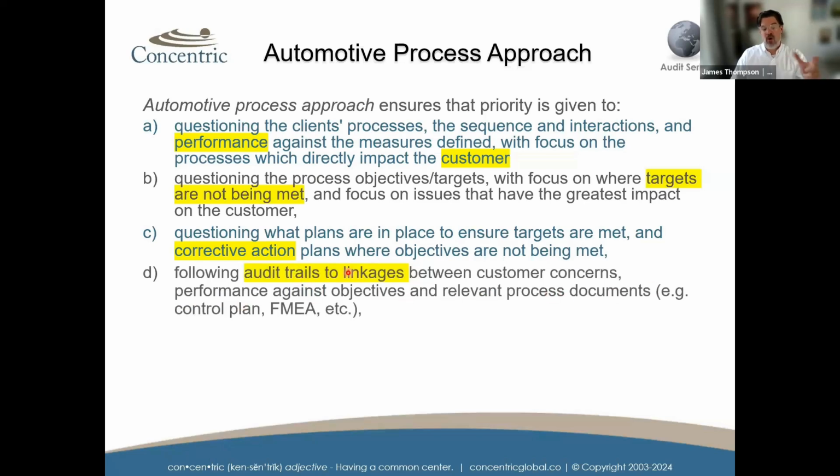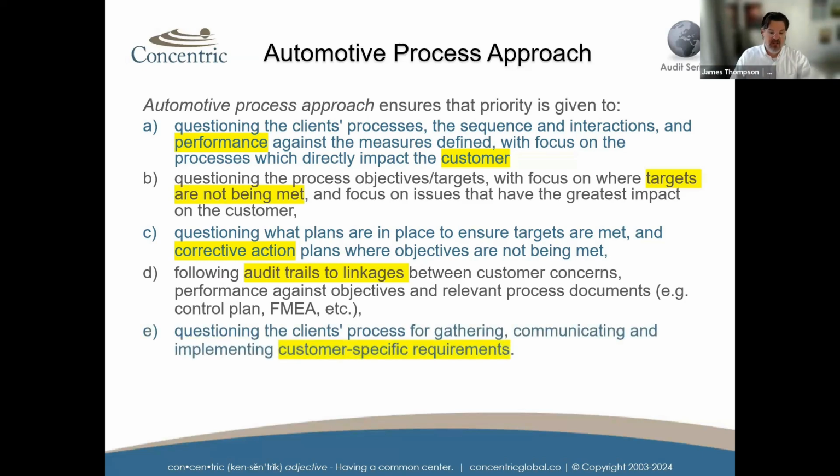If something is broken and your targets aren't being met, let's follow that audit trail and see, if somebody is skipping an inspection step, is there a linkage to the process documentation not being right, or a linkage to customer complaints that have been increasing over the past few weeks or months? That becomes one of those things to consider using the automotive process approach.